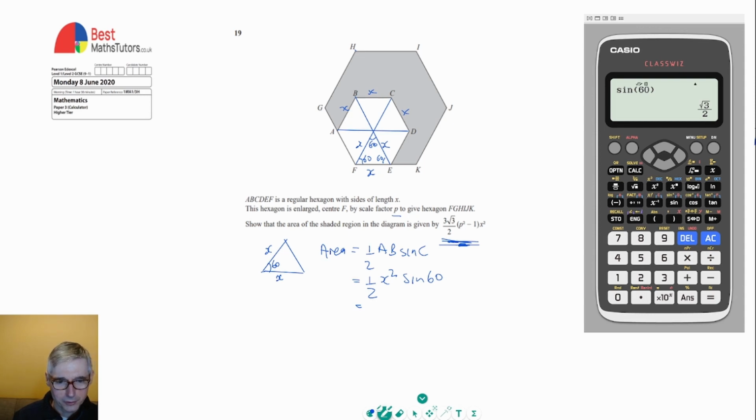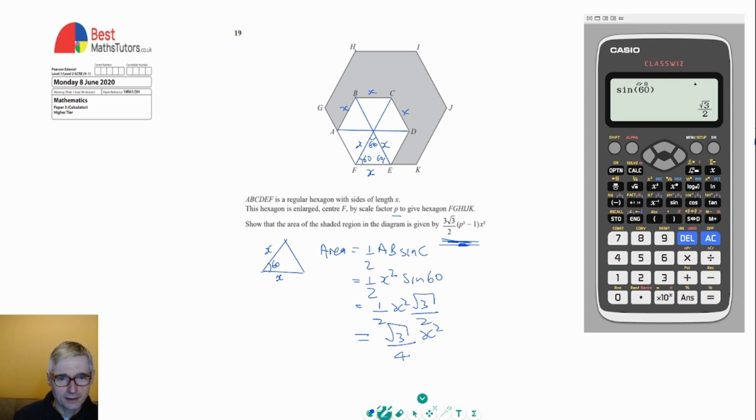So we've got half x squared times root 3 over 2, which brings together as root 3 over 4 times x squared.